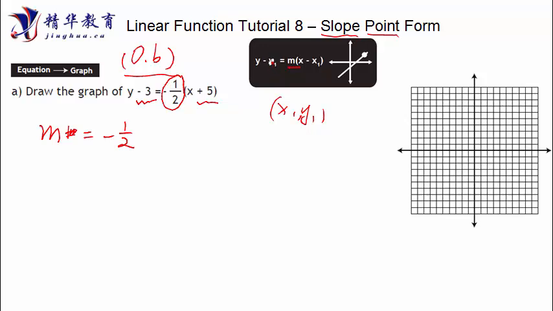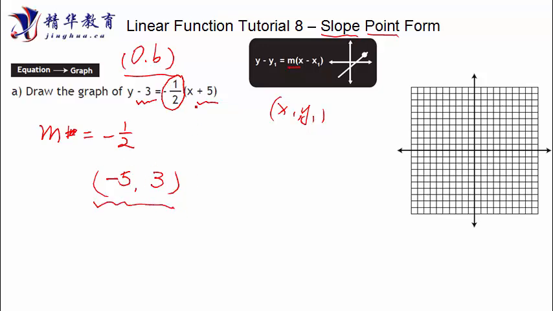However, look at this, y minus y1. So y minus 3, so y1 equals 3. And then x minus x1, but here is x plus 5. That means our x1 is supposed to be equal to negative 5. That is the only thing you need to be careful about.